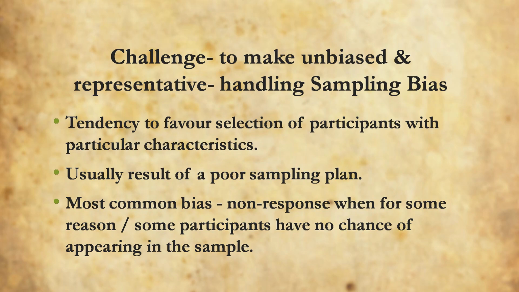For example, handling the sampling bias. Handling sampling bias means the researcher may have a tendency to favor the selection of participants with particular characteristics, and it usually results from a poor sampling plan.